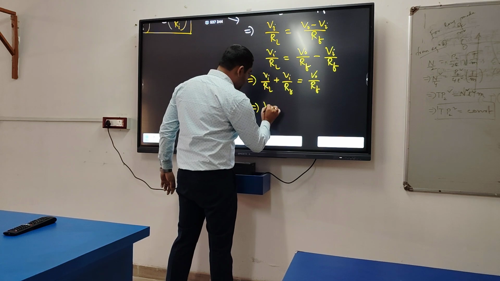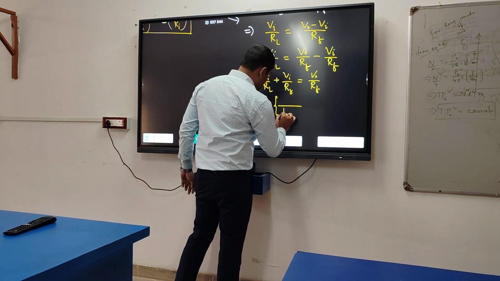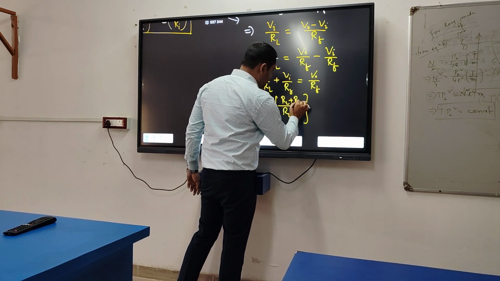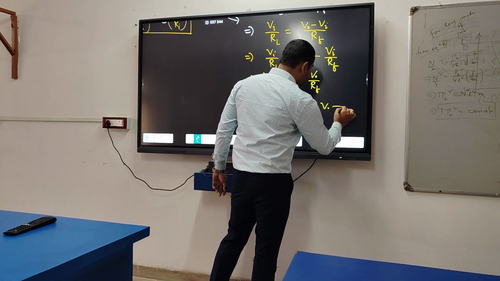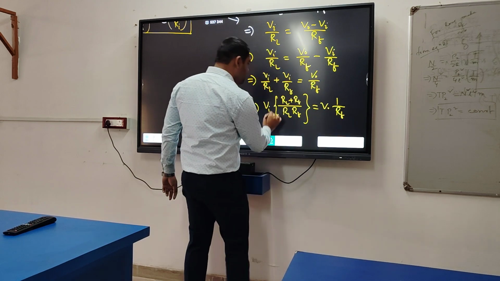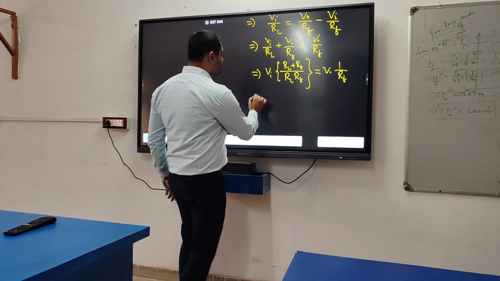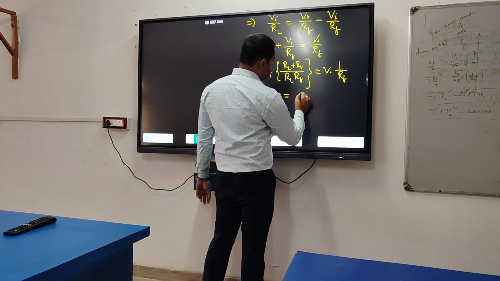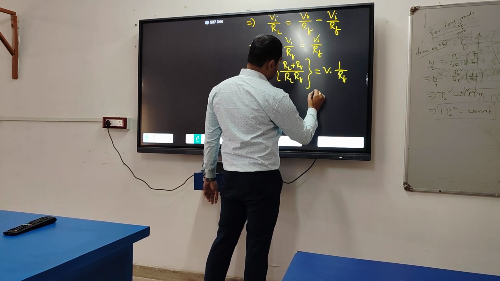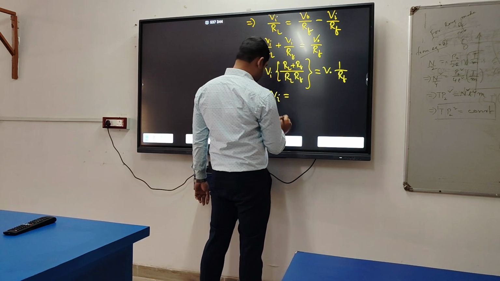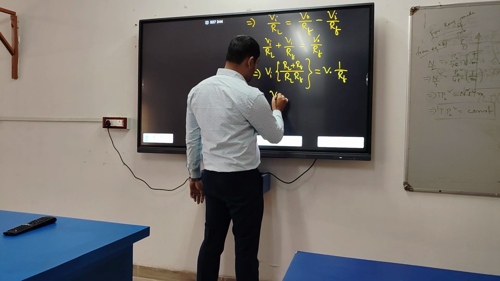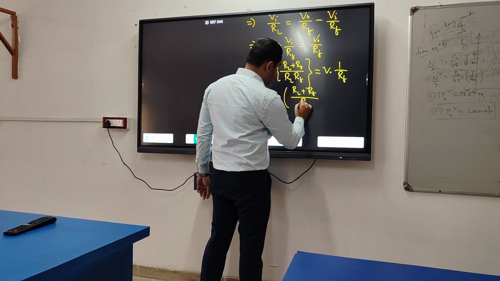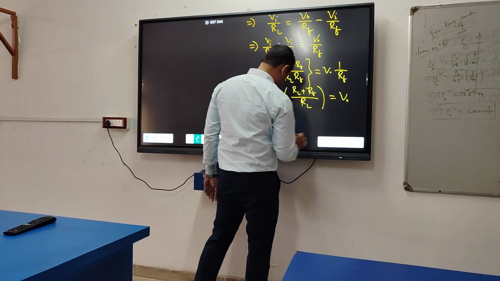So VI multiplied by R1 plus RF divided by R1 RF is equal to V out by RF.